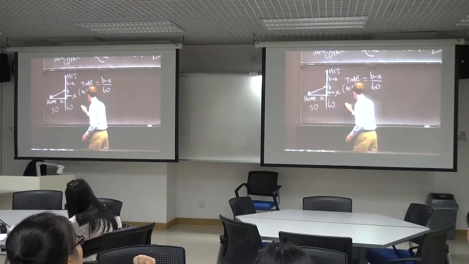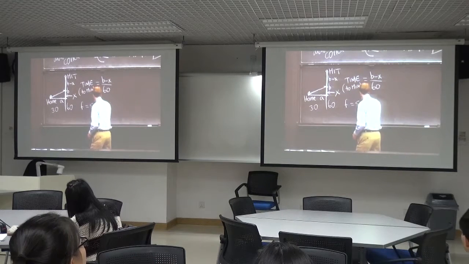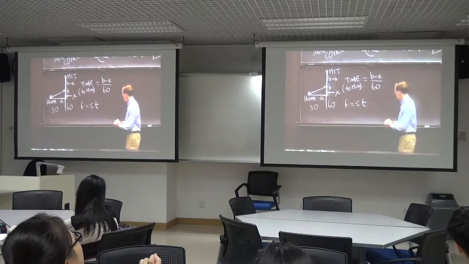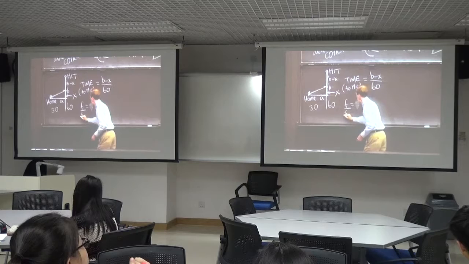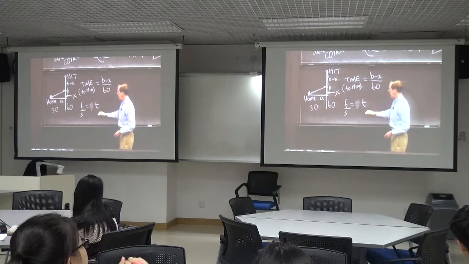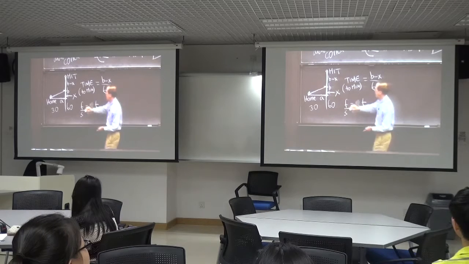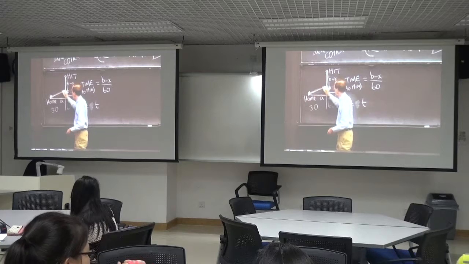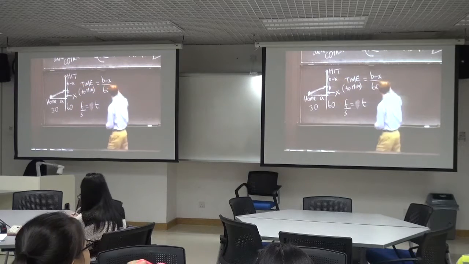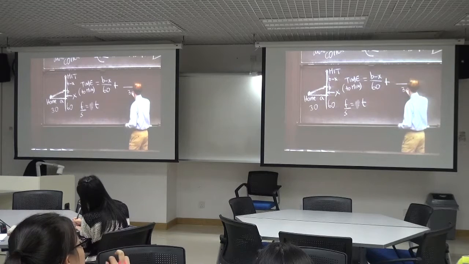Distance is speed times time. That's the one we know. And then if I divide by the speed, the time is the distance divided by the speed. The distance divided by the speed on the pike. And now I have the distance on the city streets. That speed is going to be 30.